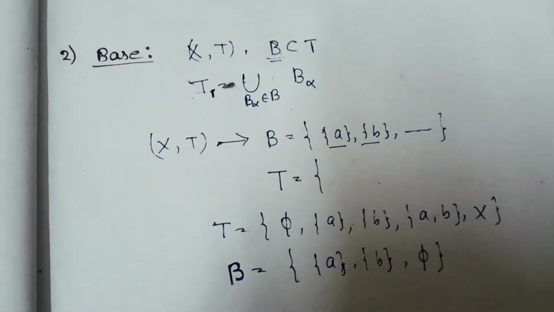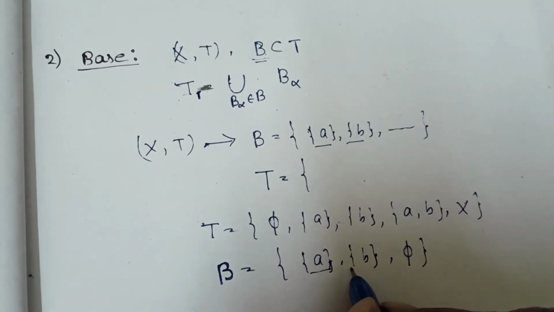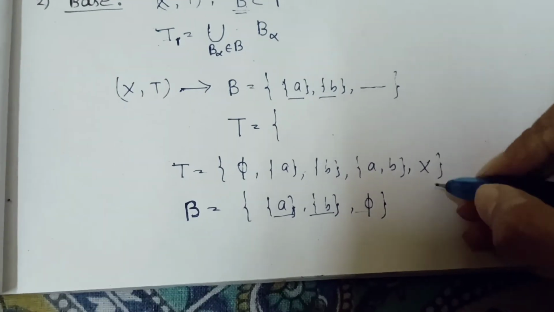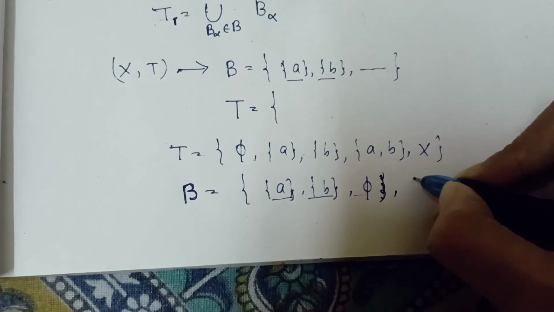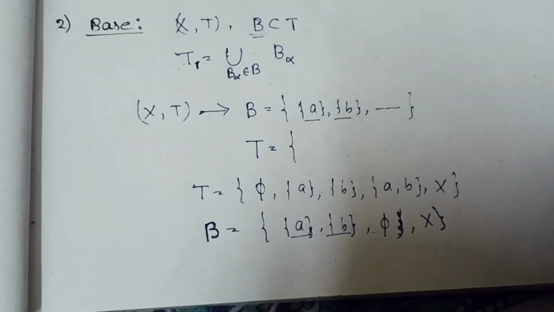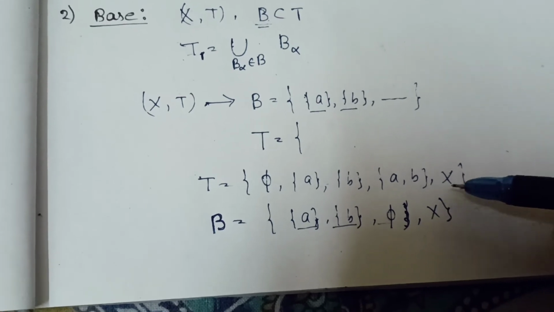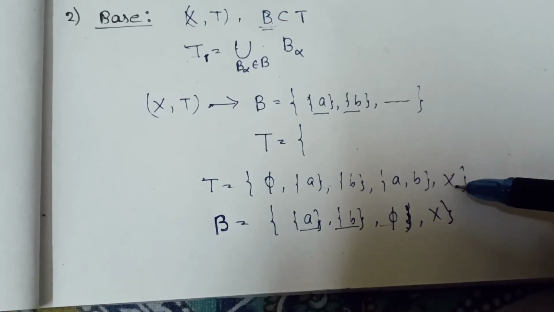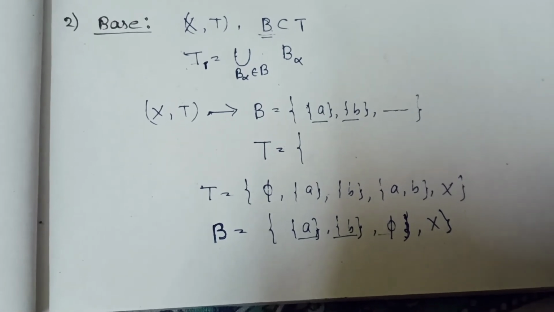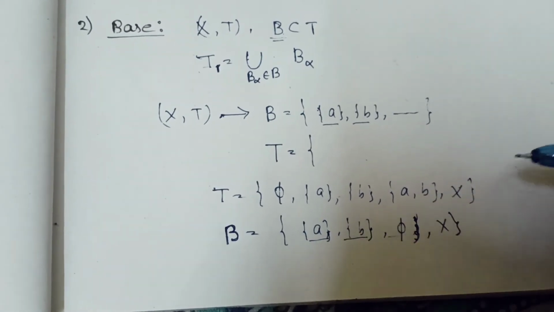We can call B a base. Why? Because any element of T can be generated by unions of these elements. This also contains X itself, because there is an element X in T, so there must be an element X in B so that we can generate X in T. And always remember that phi always belongs to the set B.